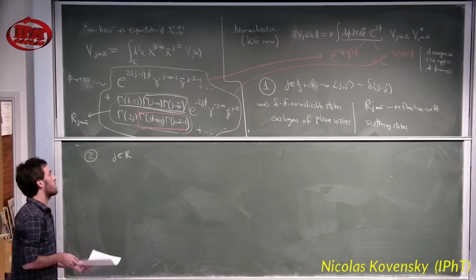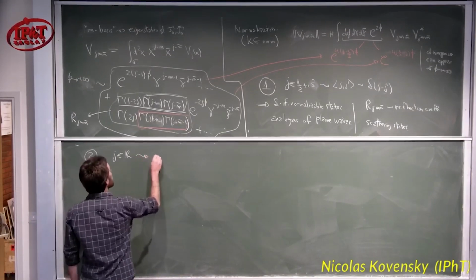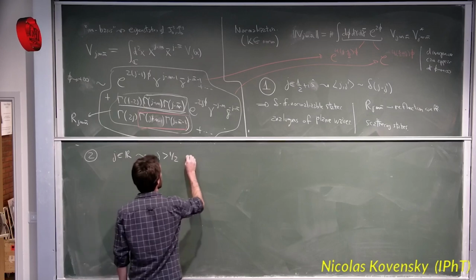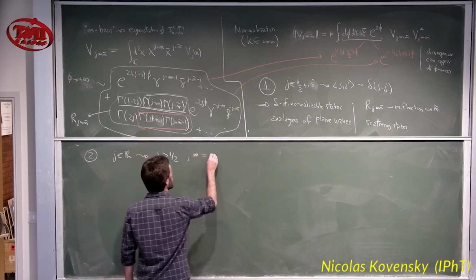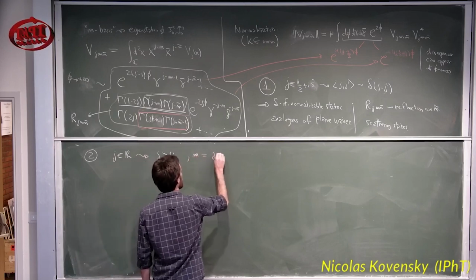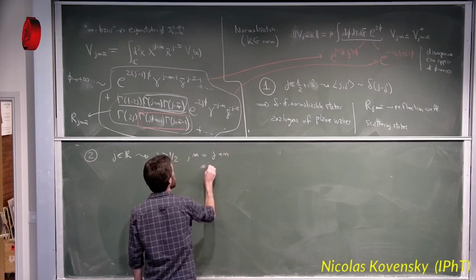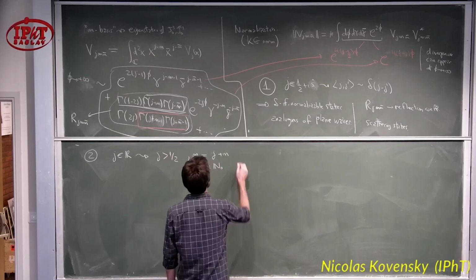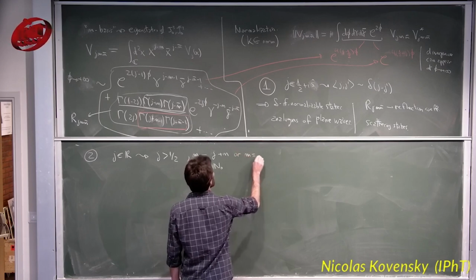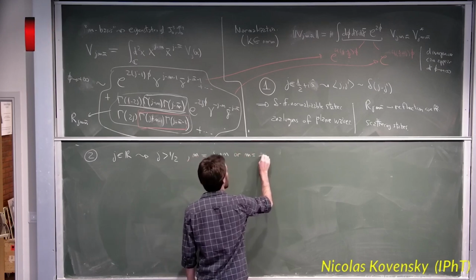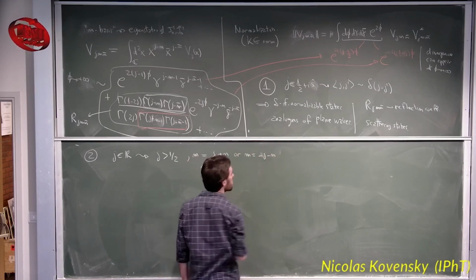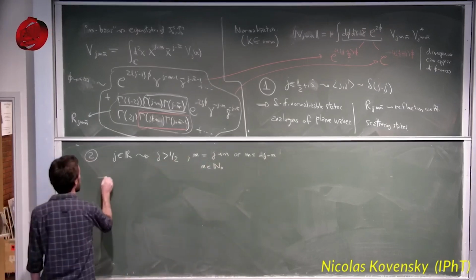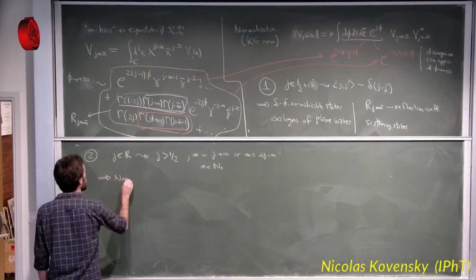Not delta function normalizable. So if I take j larger than 1/2 and m being j plus some natural number, natural or 0, or m being minus j minus n, either of these two, then this is normalizable.